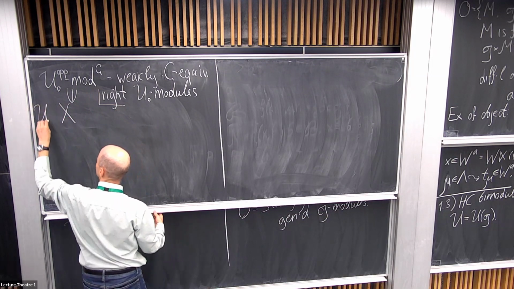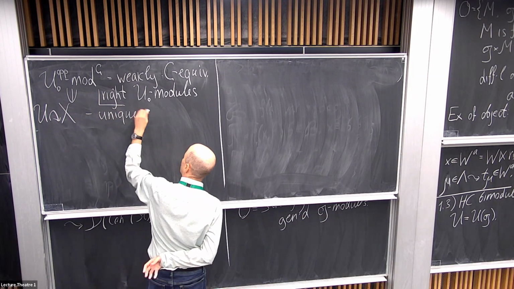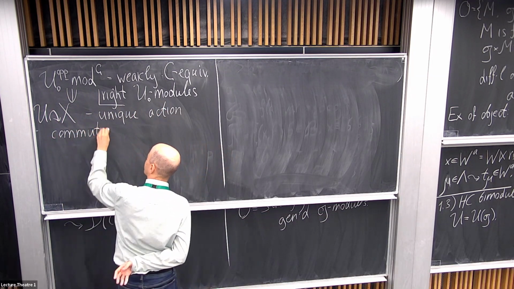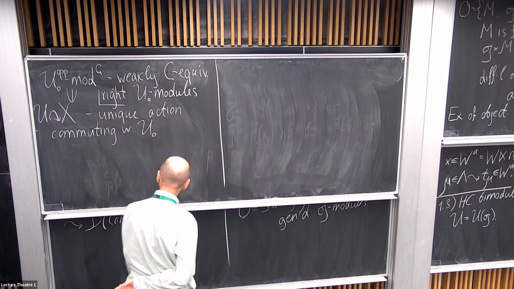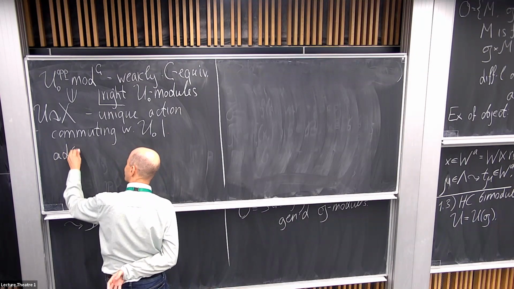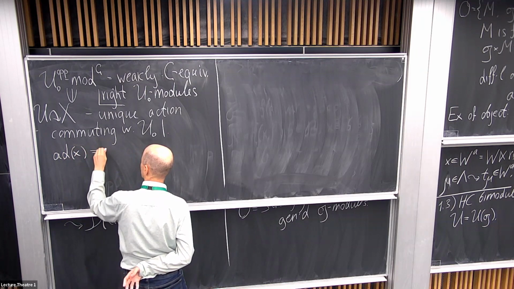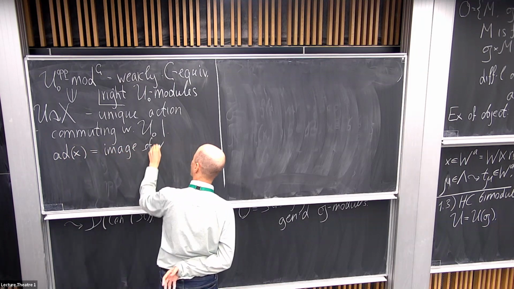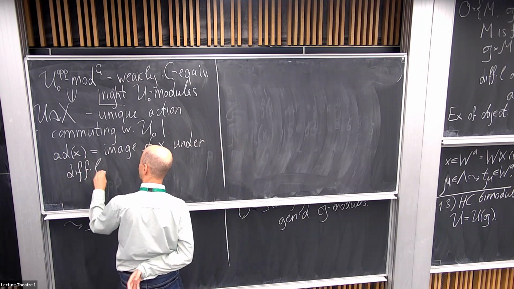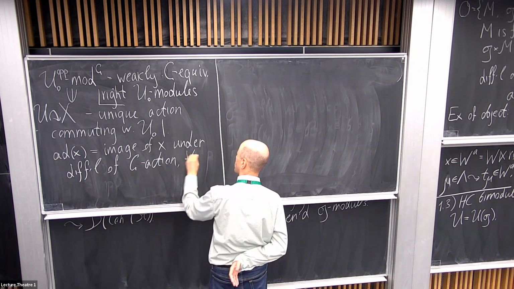And then I claim that U, the universal enveloping algebra, on X, there is a unique action which commutes with U0 in such a way that the operator adjoint of X coincides with the image of X under the differential of the G action, and X here is an arbitrary element of my Lie algebra.